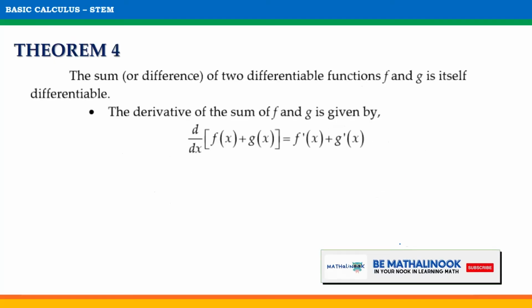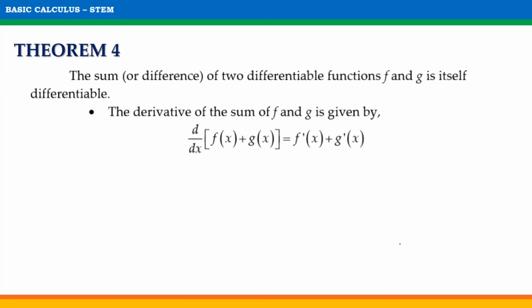Theorem number 4. The sum or difference of two differentiable functions f and g is itself differentiable. The derivative of the sum of f and g is given by d over dx of f of x plus g of x is equal to f prime of x plus g prime of x.